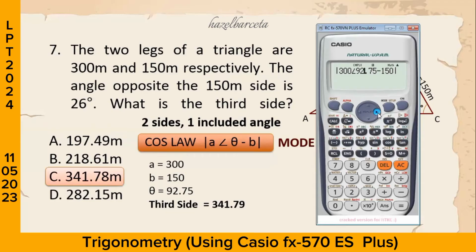Let's say, ang ating B ay 300 at ang ating A naman ay 150. What will happen kung sakaling baliktad po natin? So, wala naman pong problema dahil we have the absolute value. So, the answer is letter C. Again, kapag ginamit po natin ang cosine law, masosolve po natin ang third side.